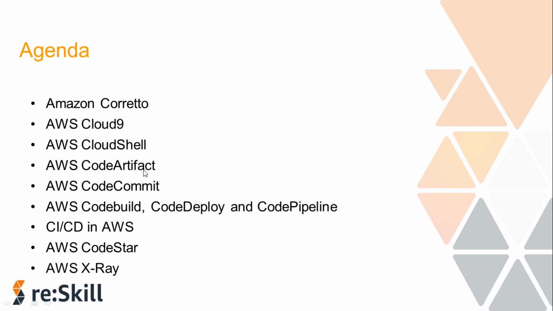This is just a session to give you a brief overview of each of these services, just to give you an idea that this is the purpose of the service, so that you can get an idea, okay, this exists in AWS, so that next time when you are developing something on AWS, this will come to your mind, okay, I can use this service, I can use that service, because I have learned that this exists on AWS.